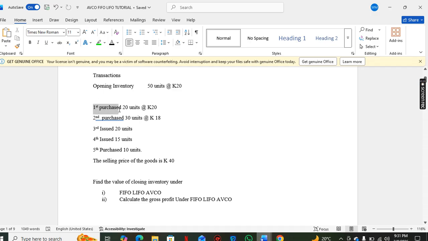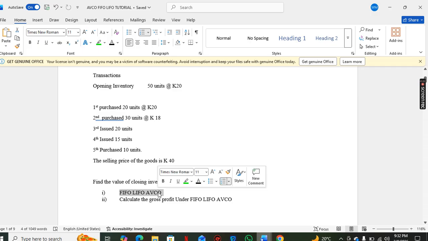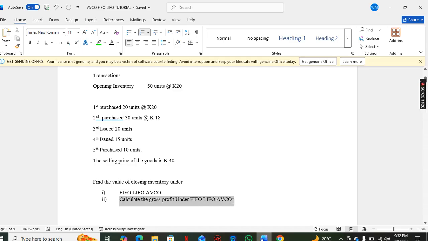On the first of the month they purchased 20 units valued at 20 kwacha. On the second of the month they purchased 30 units at 18 kwacha. So we're going to look at all these transactions here. The question is asking us to find the value of the closing inventory under FIFO, LIFO, AVCO. And then also, part 2, we need to calculate the gross profit under these methods.